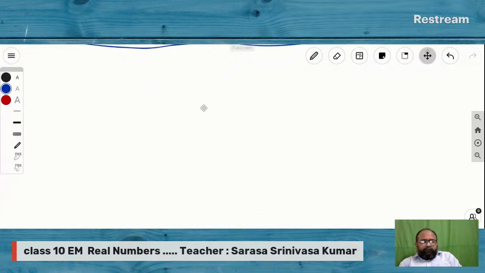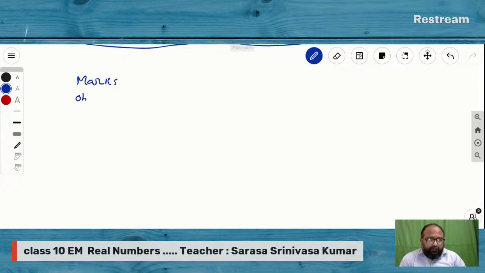Now we prepare a table to find the solution. The first column is marks obtained. It is denoted by xi.